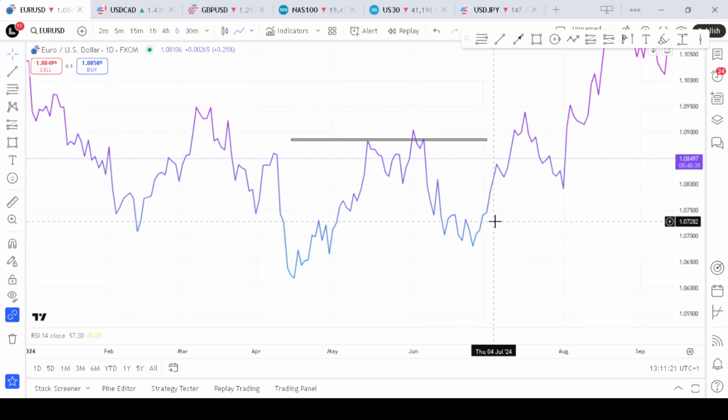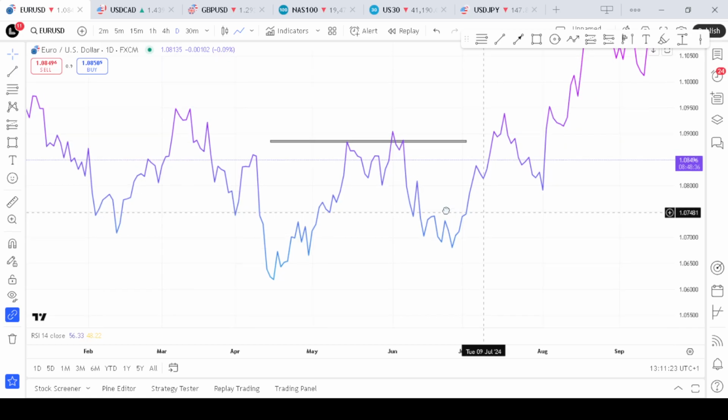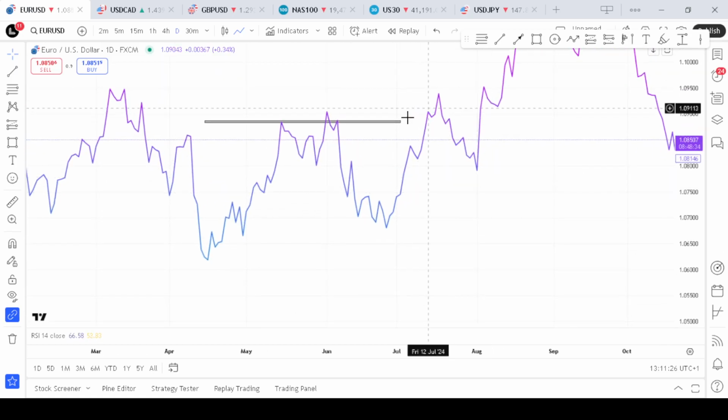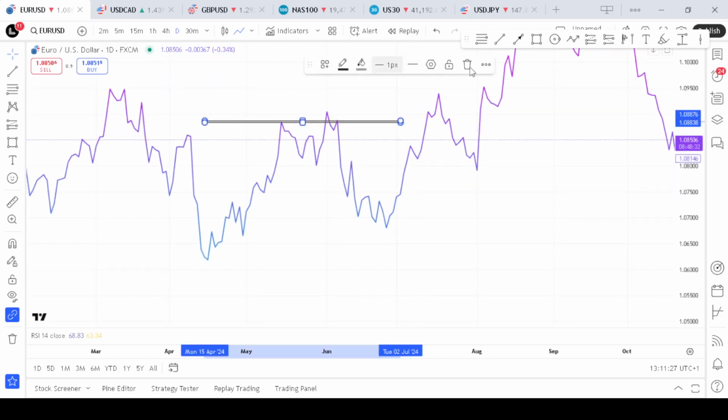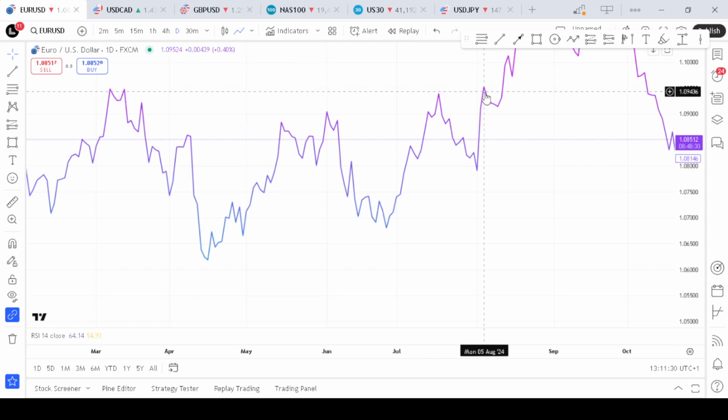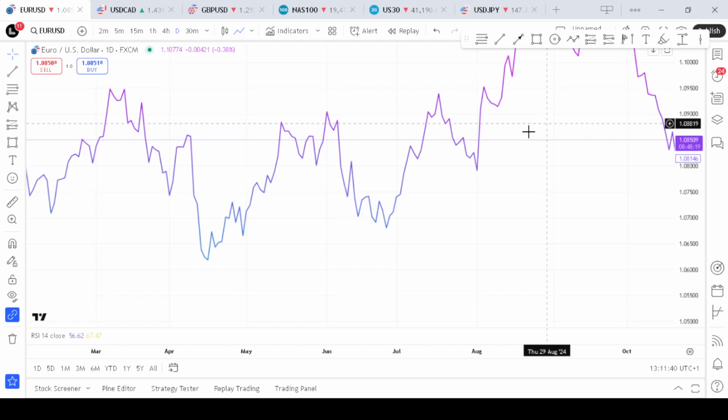This is what it is used for. When you are making use of the line chart, you fully focus on the closing price, which many traders consider the most significant price point in any time frame.